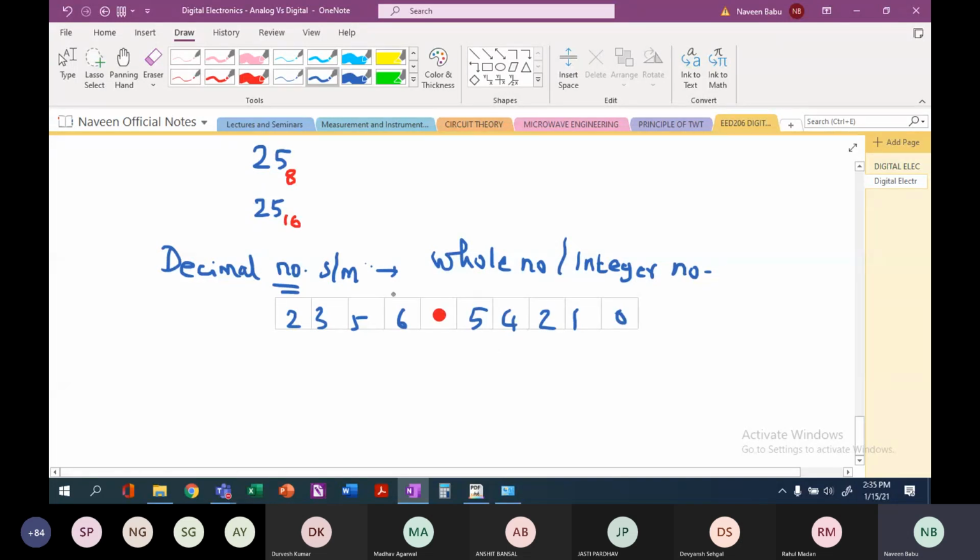This portion is called the integer portion, and this portion is called the fractional portion.